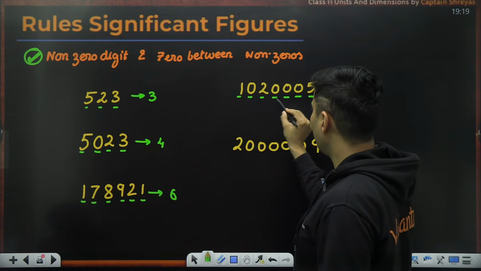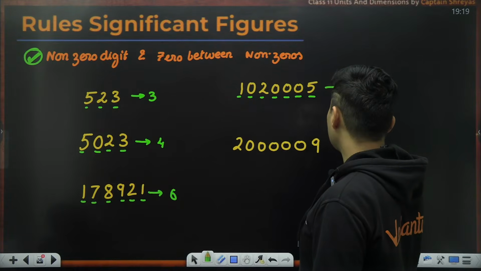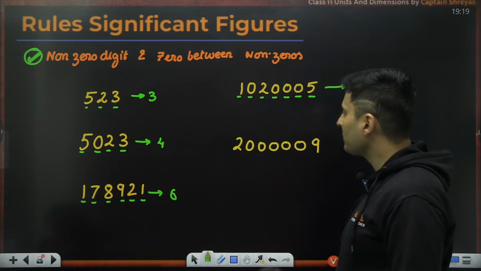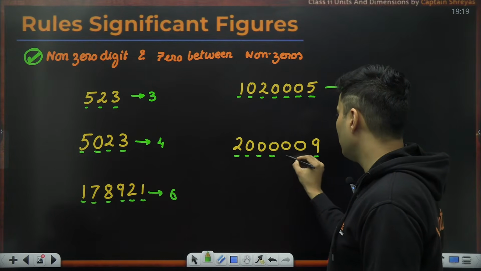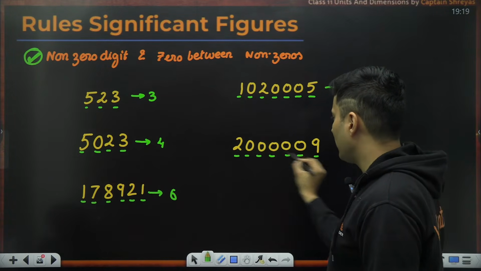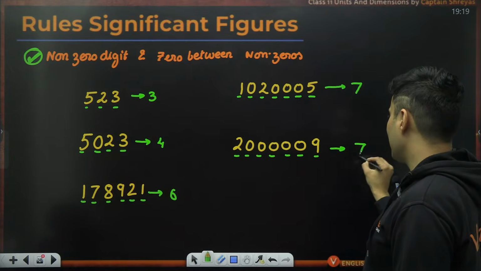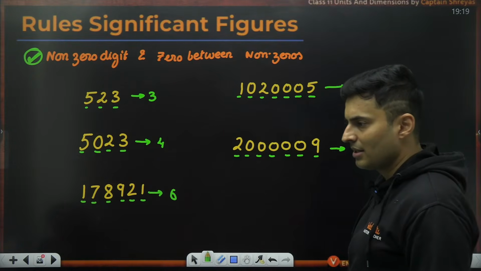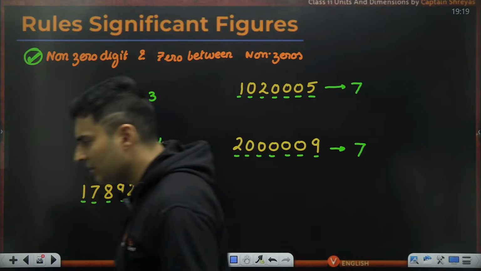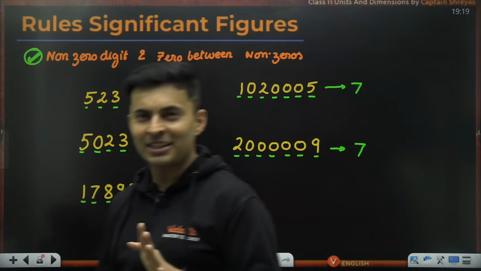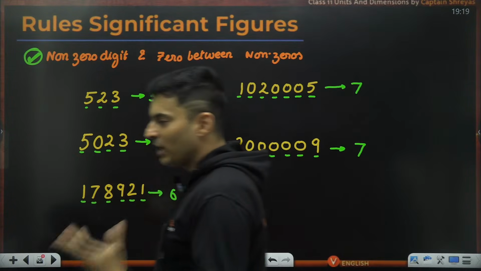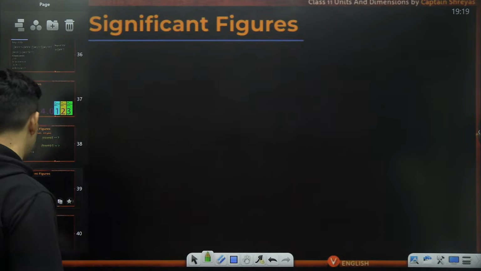So this has seven significant figures. In the last one, the 2 and 9 are non-zeros, but 5 zeros are trapped between them, so this has seven significant figures. Understood how to calculate this? Don't worry, I'm coming to 1000 and everything. Every rule is coming, one by one.